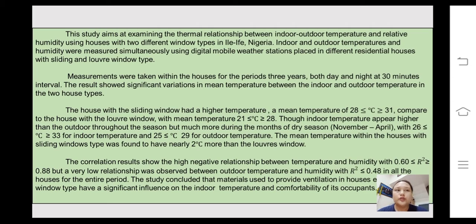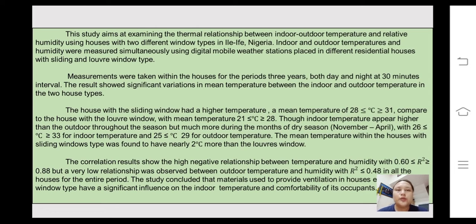Indoor and outdoor temperatures and humidity were measured simultaneously using a digital mobile weather station placed in different residential houses with sliding and louvre window types. Measurements were taken within the houses for the period of 3 years, both day and night, at 30 minutes interval.